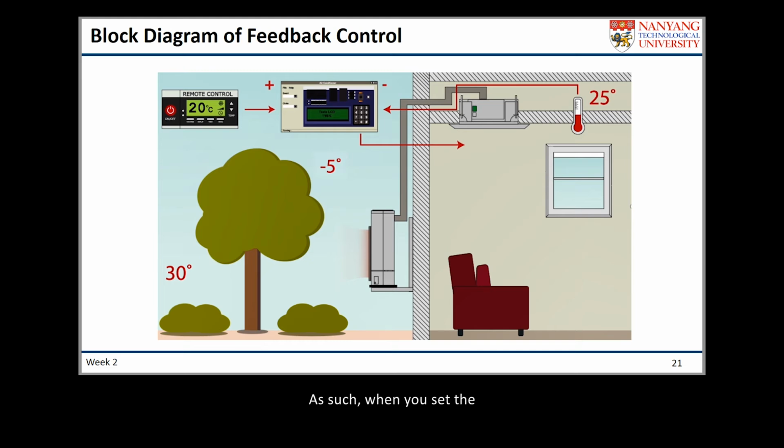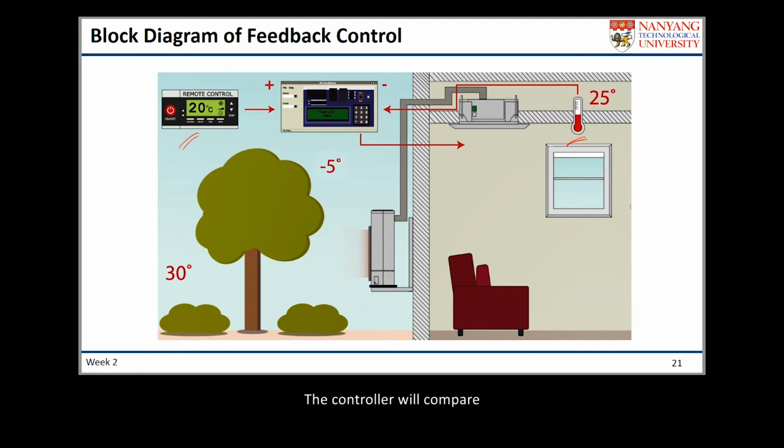In such a system, when you set the desired temperature in your remote controller, you set it to 20 degrees, let's say. Well, for the time being, the temperature of your room is 25. The sensor will read the actual temperature of your room, and then the temperature reading will be sent to the controller, right? At the same time, the temperature setting that you set in your remote controller will also be sent to the controller.